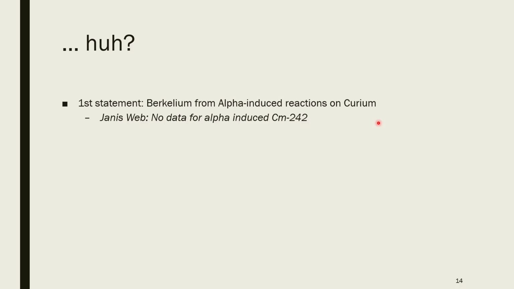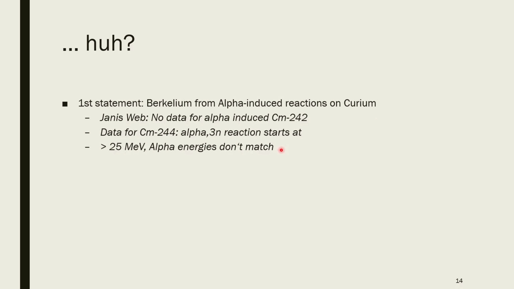Again, if you look at the Genesis website, you won't be able to find any data for alpha-induced curium-242 isotopes. We were able to confirm that there are some nuclear reactions, but of course they are poorly described and not something I would rely on for an element sample. I was able to find on the Genesis website an alpha 3n reaction for curium-242, which we have confirmed is in the hands of Luciteria. They stated that they have curium-242, 243, and 244.